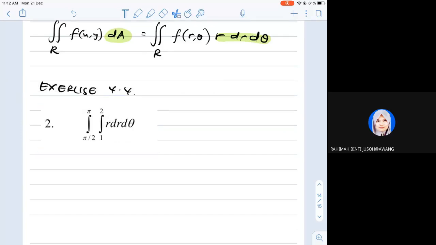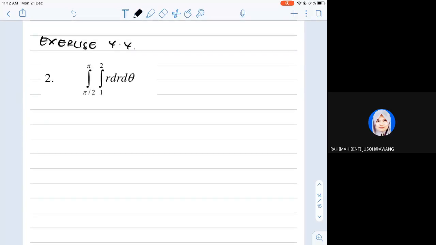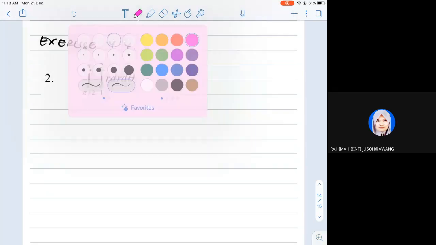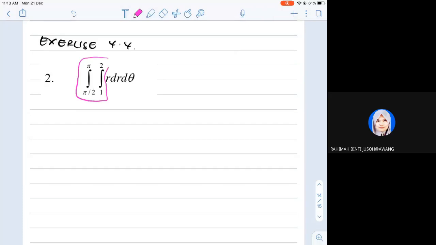Okay, question number 2. Alright, first of all, we need to take out the limit. Always bear in mind, your region R is 100% from the limit. In order to sketch the graph, you should refer to the limit, not the function inside. You refer to the limit, then you sketch the region.